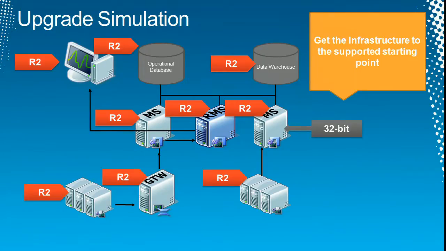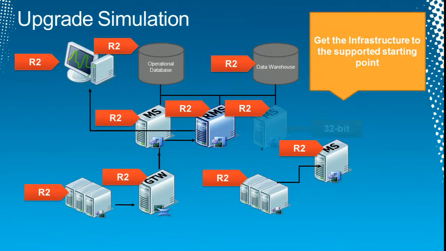For this example, we would just build another management server on the supported platform for 2012, move the agents over to it, and remove the old management server. You'll want to hop through your management group, removing the old unsupported devices.